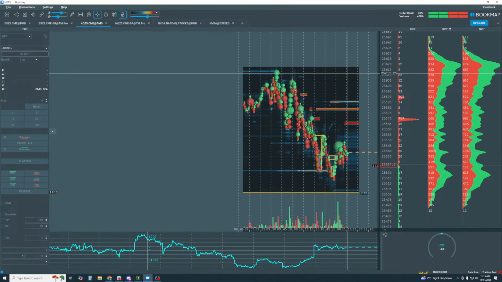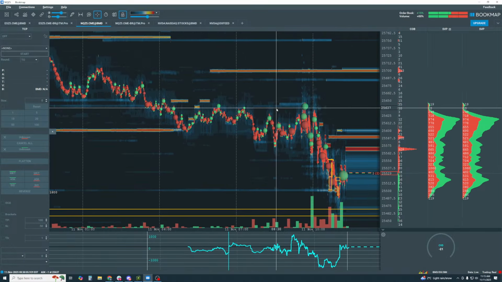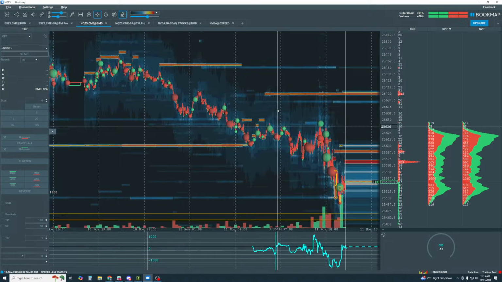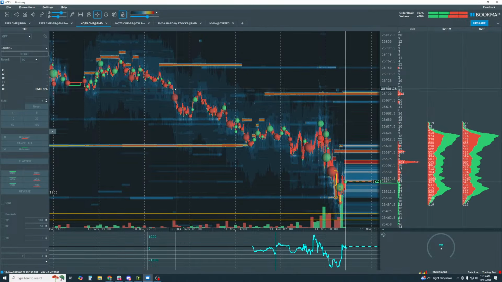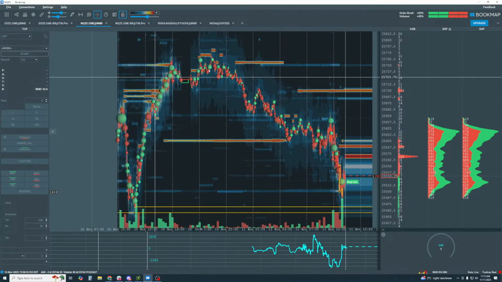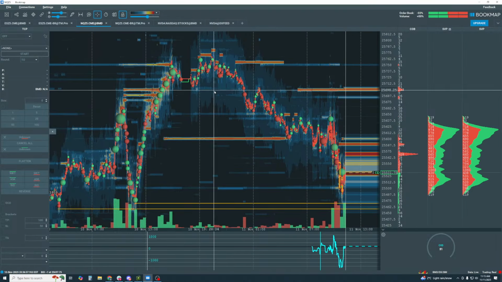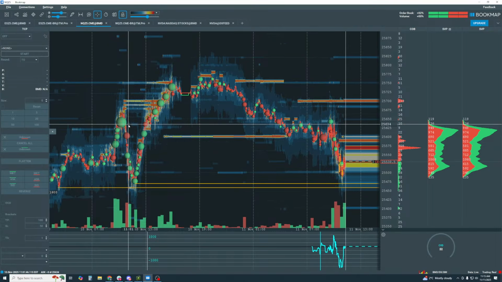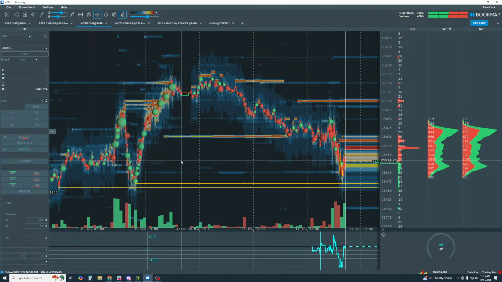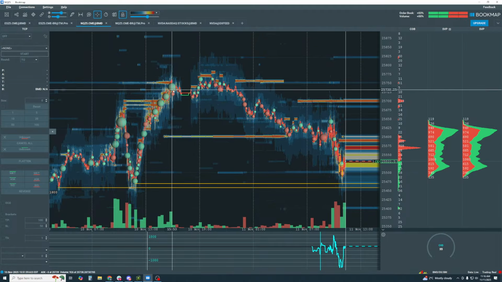All right, let's zoom out in NASDAQ a little bit and get a feel for what's happening here. And this is where we left off. Yeah, it's not so easy. It's not so easy because of yesterday.